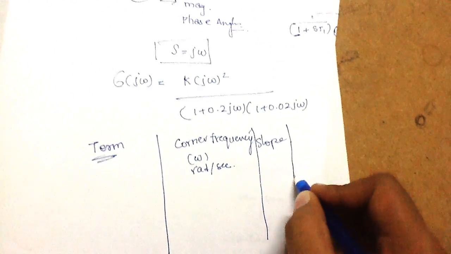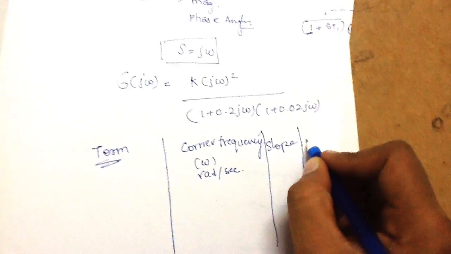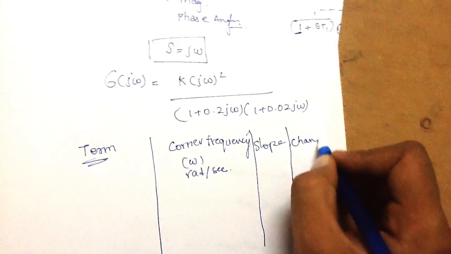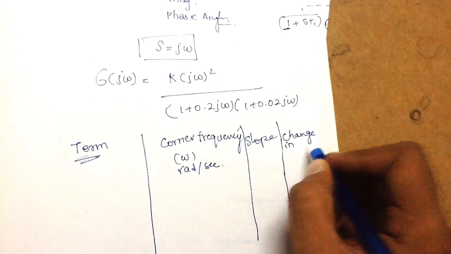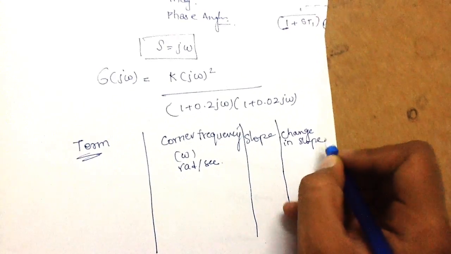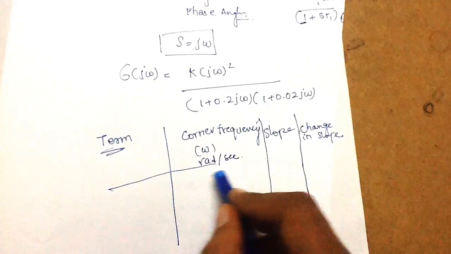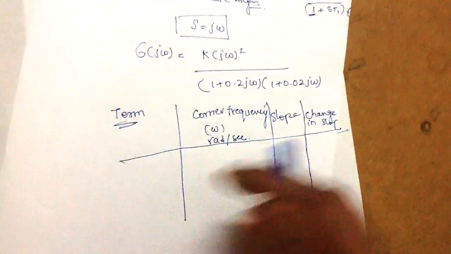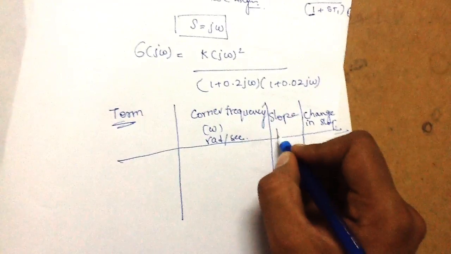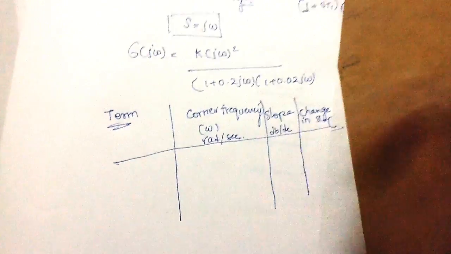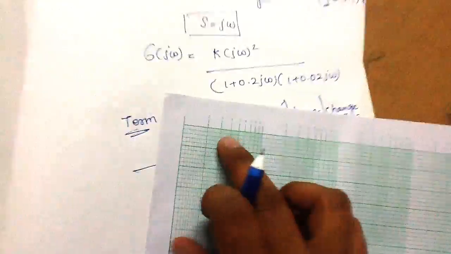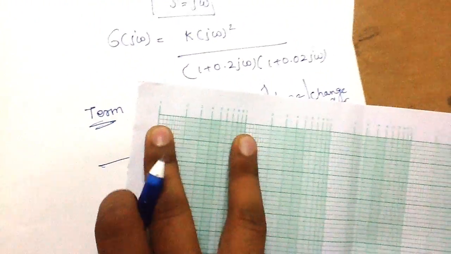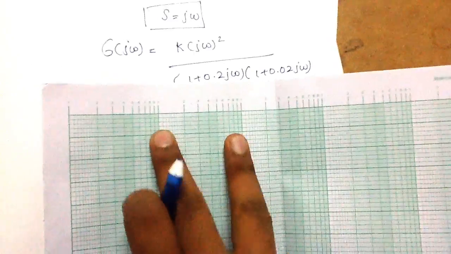Your slope, and then comes your change in slope. So slope and change in slope, they're both in decibels per decade. As I already told you what a decade is, this is a decade, 10. This is another 10.